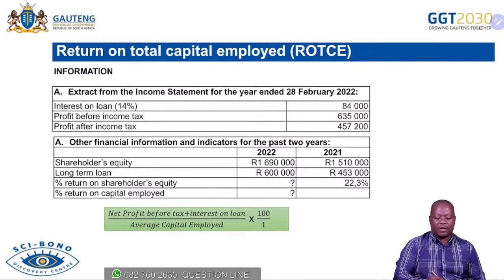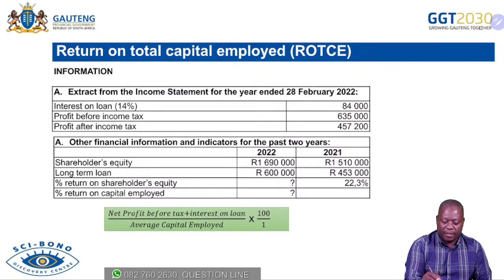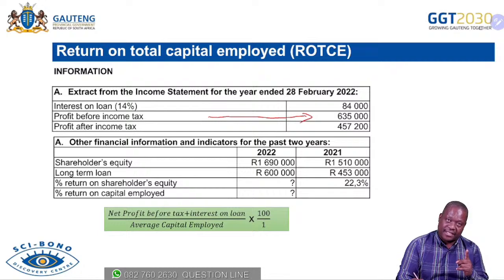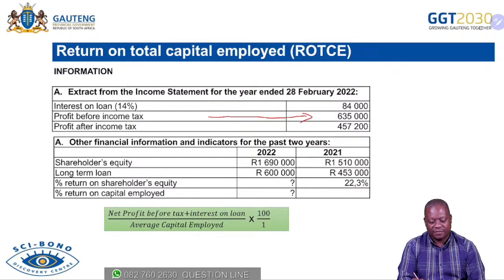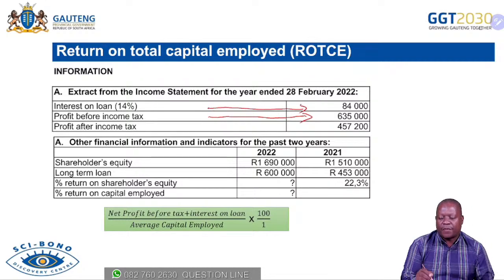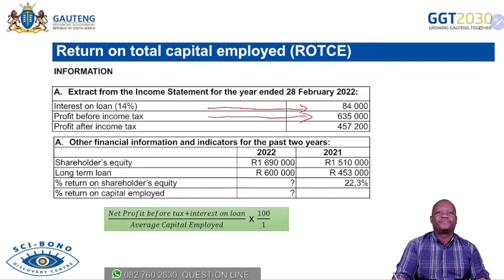So let's check our numerator. We need net income before tax. There we are. Not net profit after tax, guys. Net profit before tax. And we also need interest on loan. There we are. So that is going to make up our numerator.